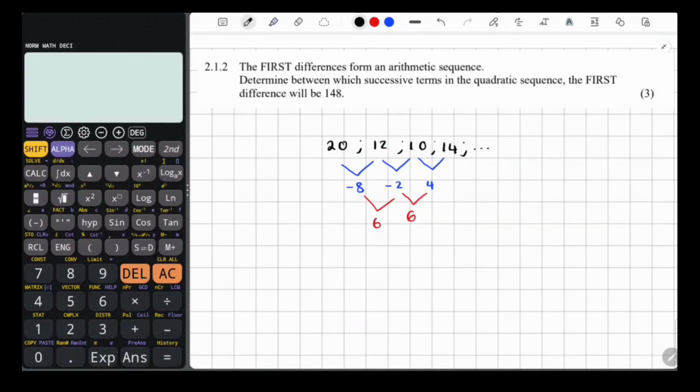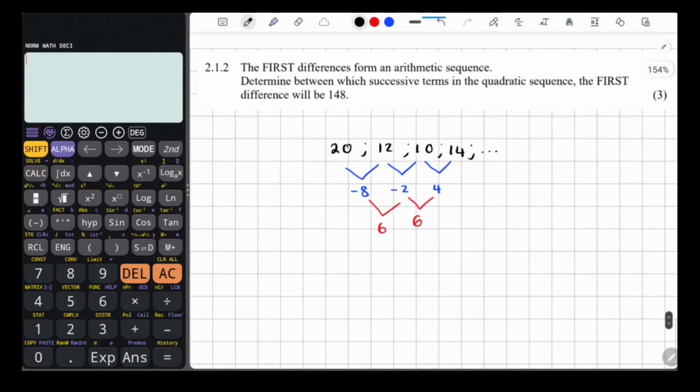Let's try to understand what exactly they are asking for. They're saying the first differences form an arithmetic sequence. So this is our arithmetic sequence.